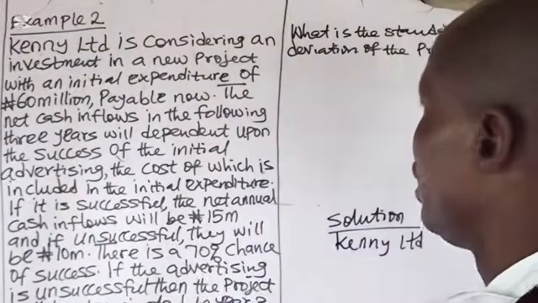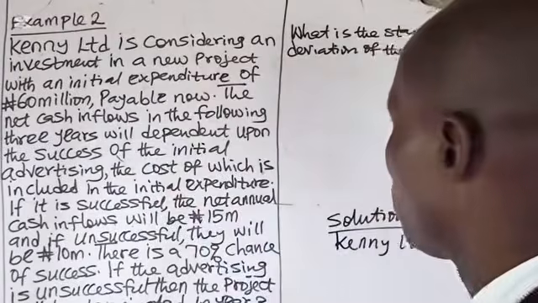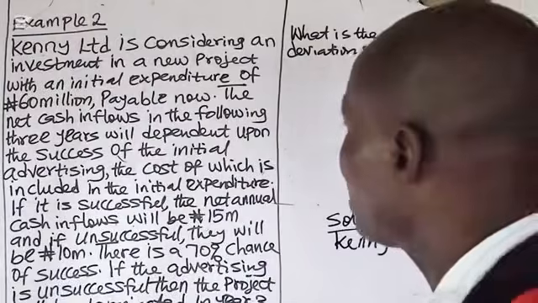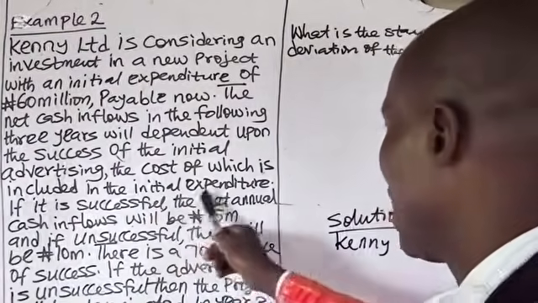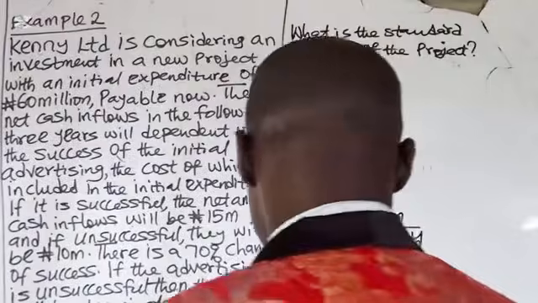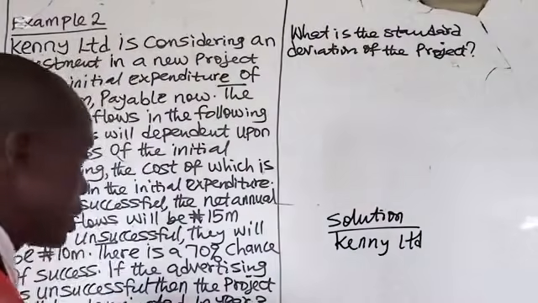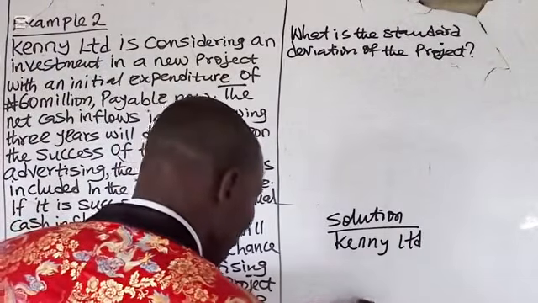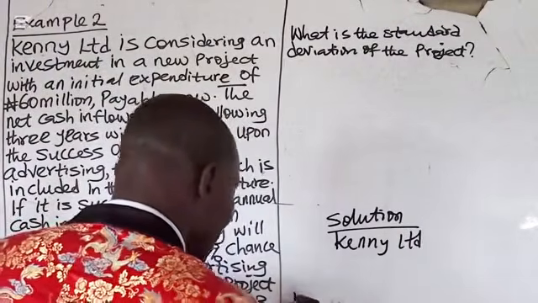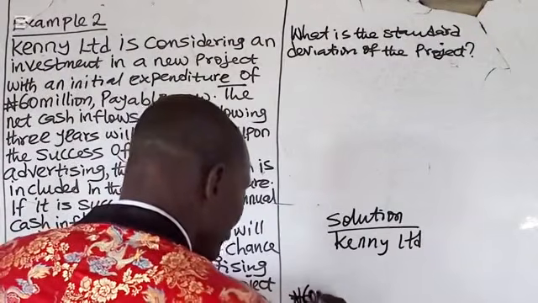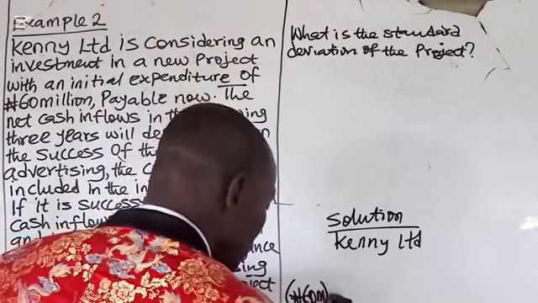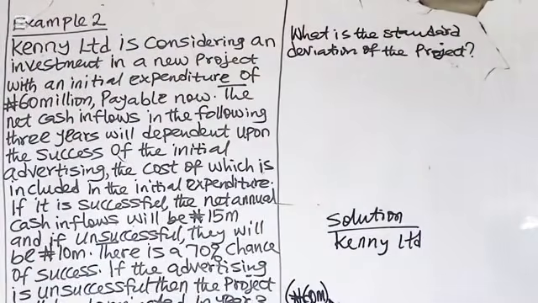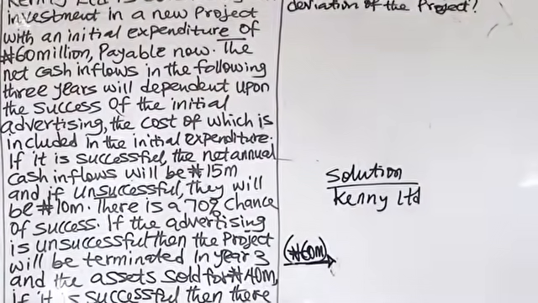So Kenny wants to undertake a project, and this project costs 60 million naira. That is the initial cost of the project, 60 million outflows.